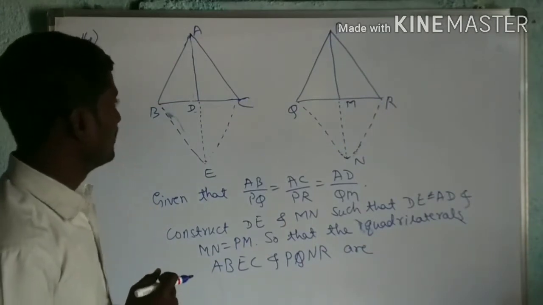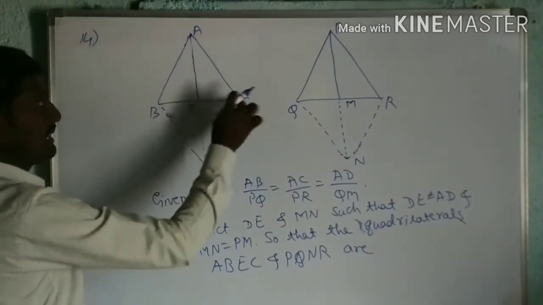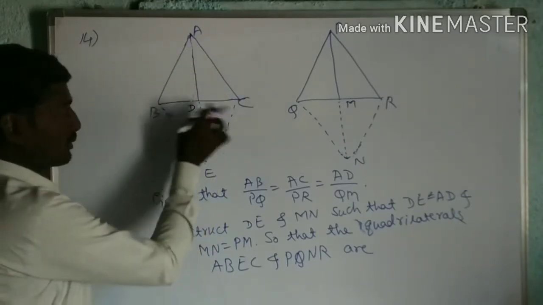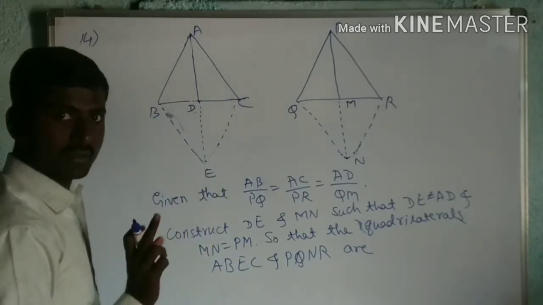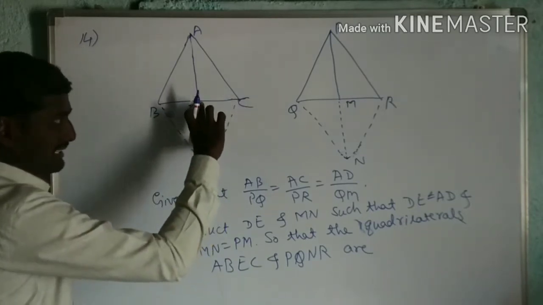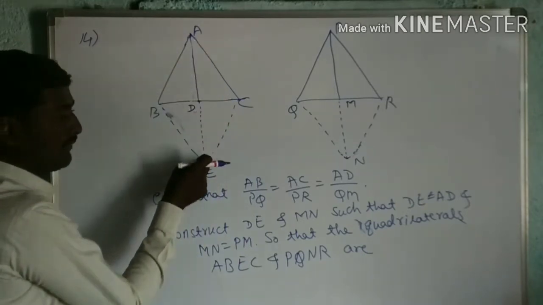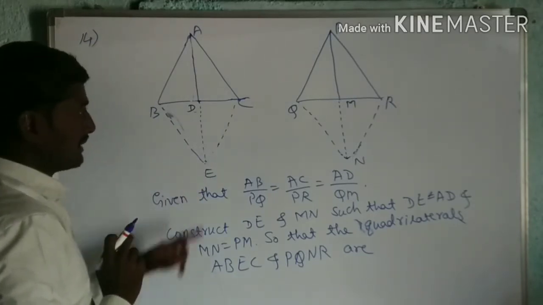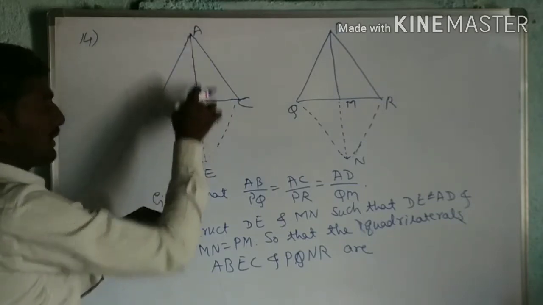Why? Now here, already in the triangle ABC, AD is the median. It means BD is equal to DC, meaning D is the midpoint of BC. Now I constructed DE equal to AD, meaning D is the midpoint of AE. So D is the midpoint of BC as well as the midpoint of AE.